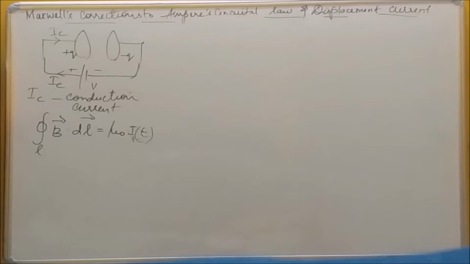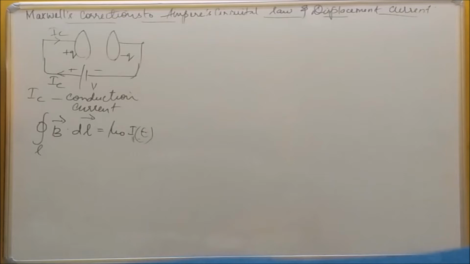Once the current passes through the wire, the current generates a magnetic field around the wire. Yes or no? Yes. So we can use Ampere's circuital law to find the magnetic field at a point. Ampere's circuital law states that the line integral of the magnetic field B vector around any closed loop is equal to mu naught times the net current enclosed by the loop.